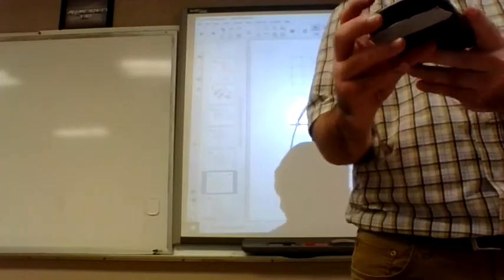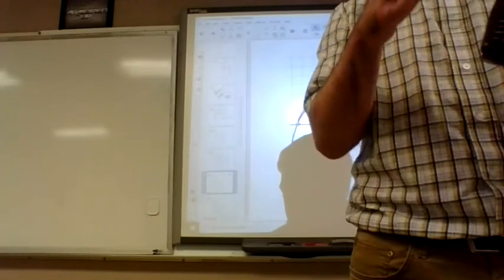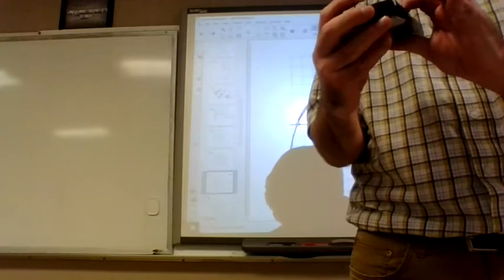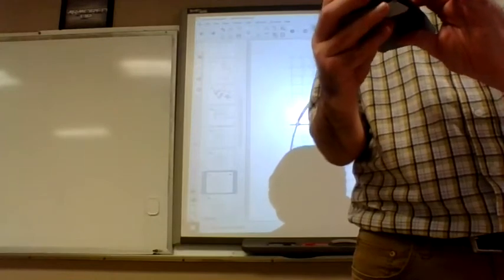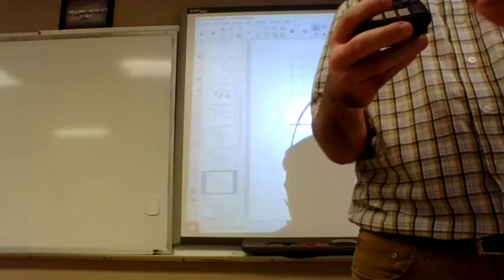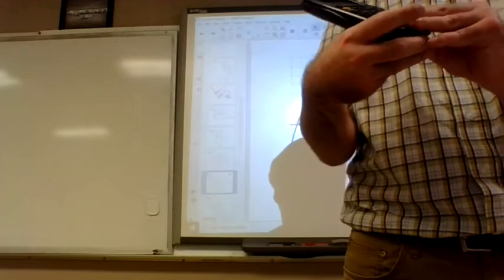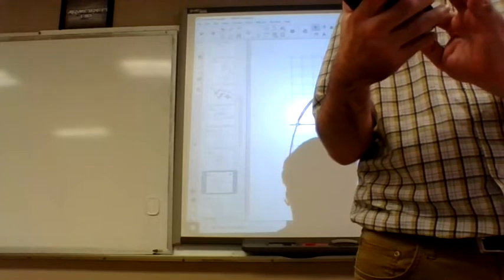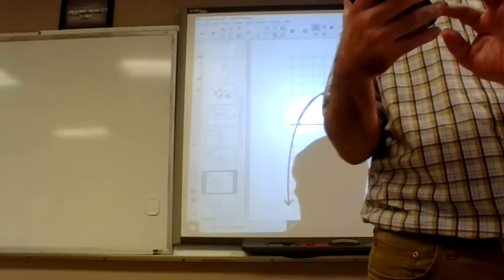The reason that it does that is because it's asking you where do you want to zoom out from, like where's the center. So there's a little cursor in the middle of your graph. Just hit enter and it'll zoom out from the middle of your graph.